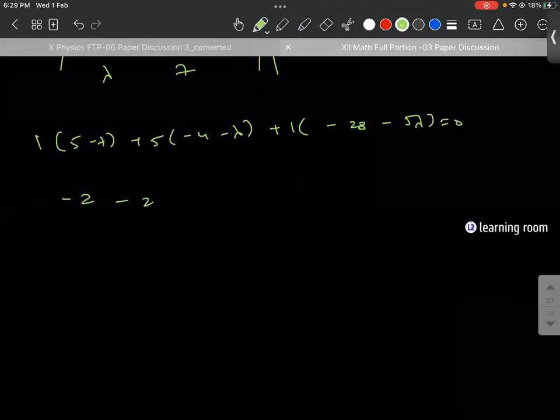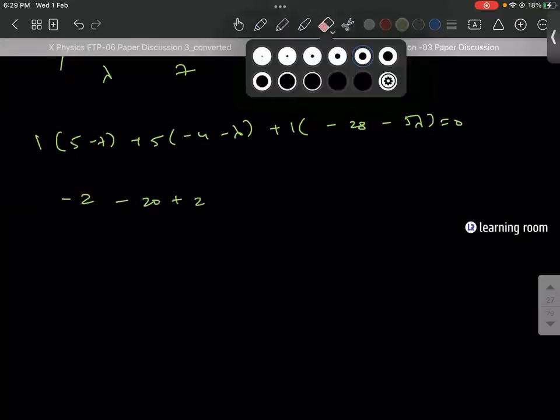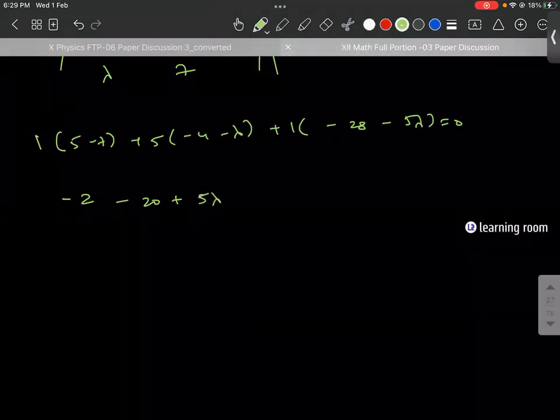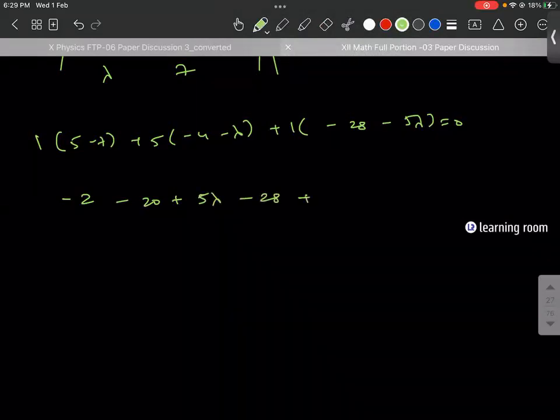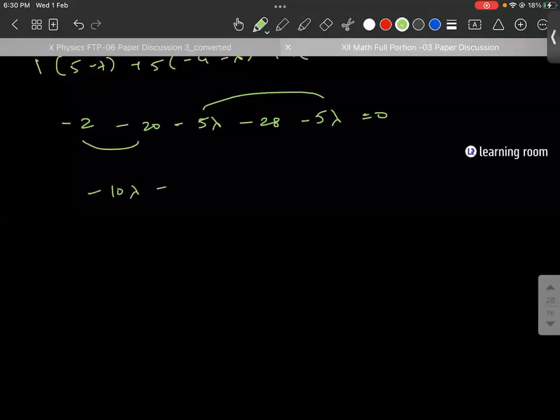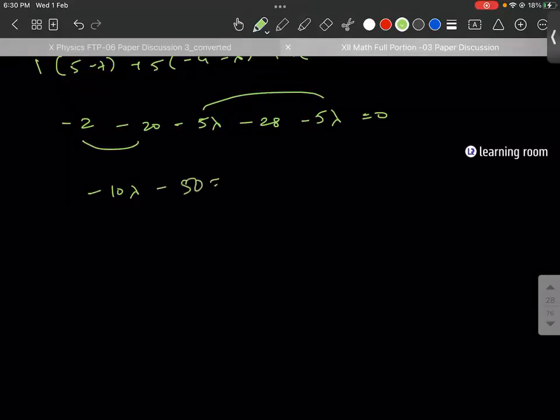So minus 2 minus 20 minus 5 lambda minus 28 minus 5 lambda is equal to 0. So it is minus 10 lambda minus 50 is equal to 0. So lambda is minus 5. Correct.